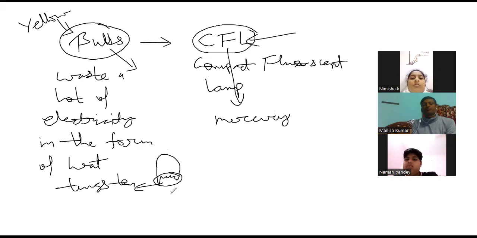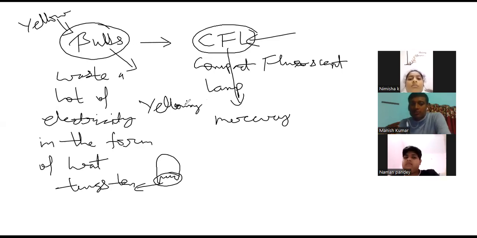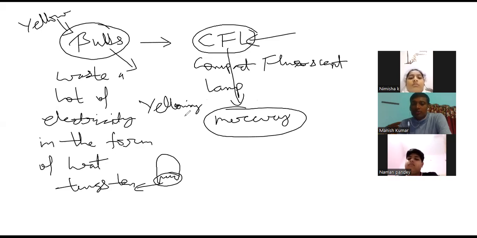The property of tungsten was that it had more resistance, so a lot of electricity was wasted in the form of heat, and only after it was heated up too much did it emit light, which we saw in yellowish shape. Every element has different kinds of properties. This tungsten was giving such color, while mercury gives us the color that we are seeing today, which is much better than the earlier bulbs.